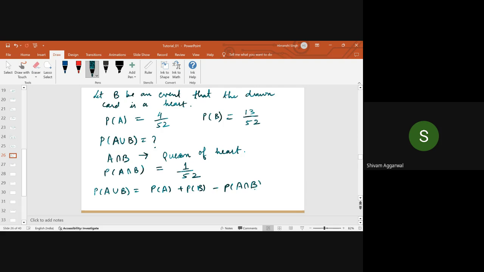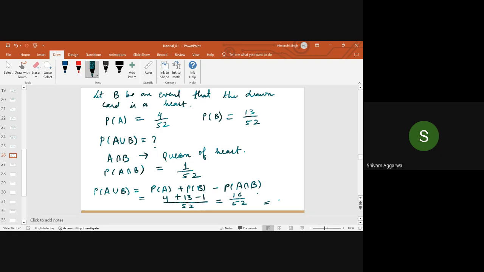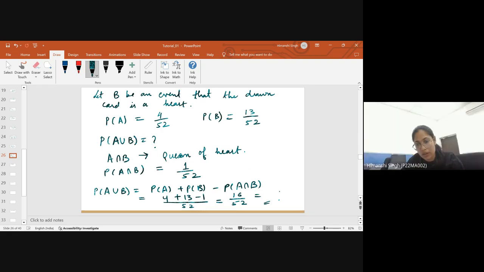So what will be the quantity? 4 plus 13 minus 1, divided by 52. So it will be 16 by 52. You can simplify it further, so it will be 4 by 13.